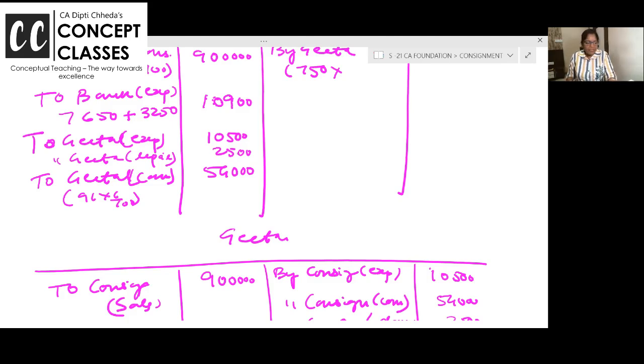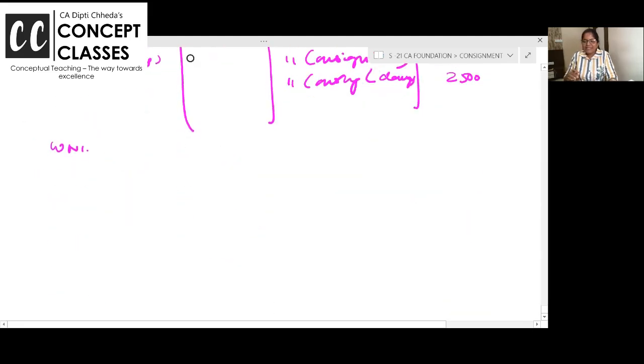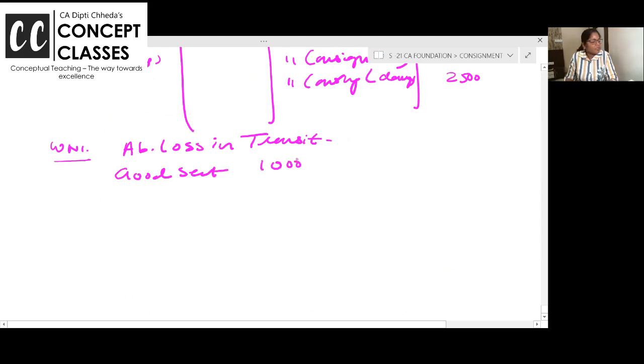Okay, consignment account banao and other goods. Chalo. So now 50 units are lost, no? और ये सब गड़बड़ कहाँ हुई? Transit में हुई, रास्ते में. So the best and beautiful part is we don't have to take expenses of consignee. Abnormal loss in transit. Goods are lost in transit. So goods sent 1,000 units. We have sent from here at the cost of 9 lakh. Consignor's expense in that is 10,900.